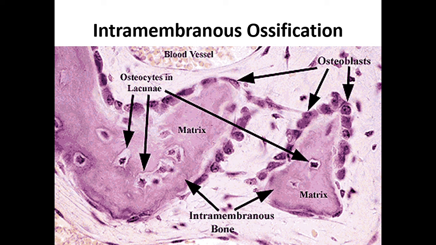The cranial bones will grow or develop towards each other, and the edges of both flat bones will later become sutures, which will later harden to become part of the cranial bones. So in intramembranous ossification, there is growth in width of the bone.